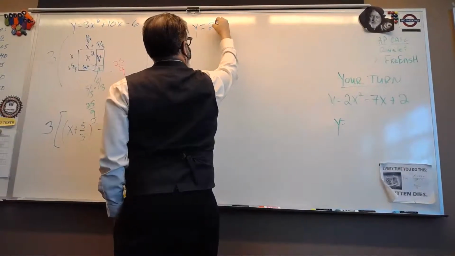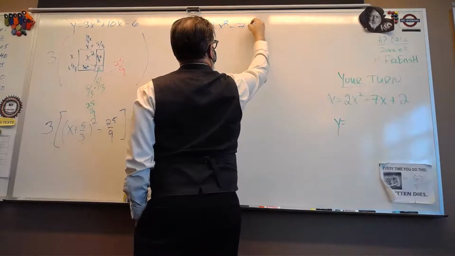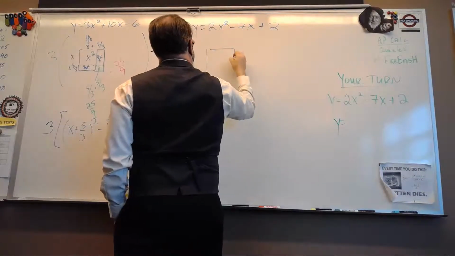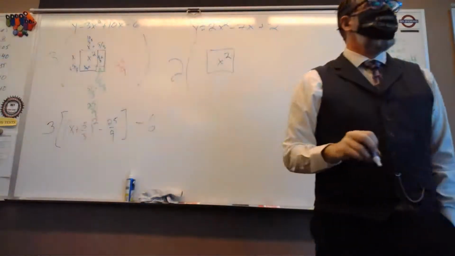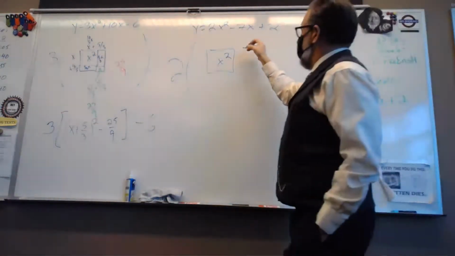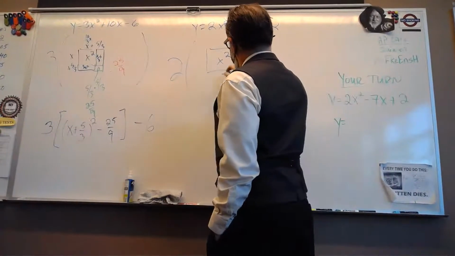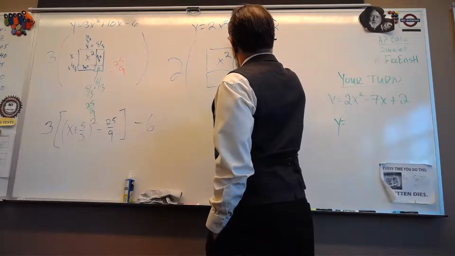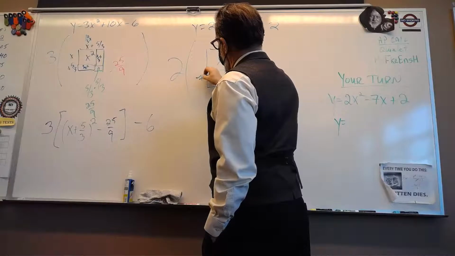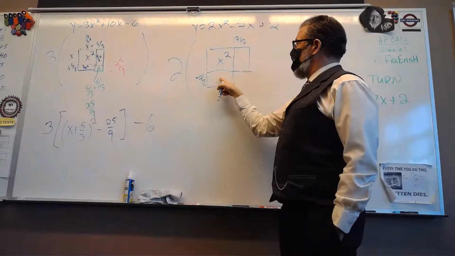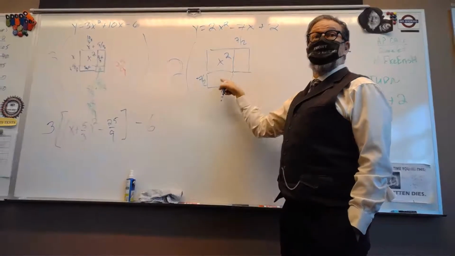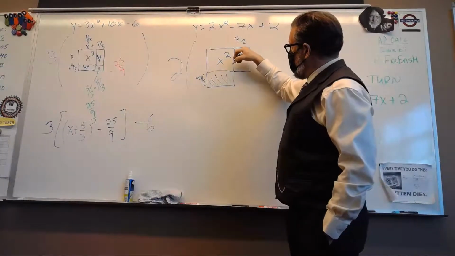y equals 2x squared minus 7x plus 2. I'm going to make 2 squares. I can't put 7 halves on either side. Because if I do, this is half of 7 and that's half of 7, which means these two together make up 7.